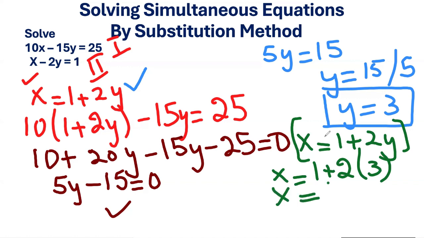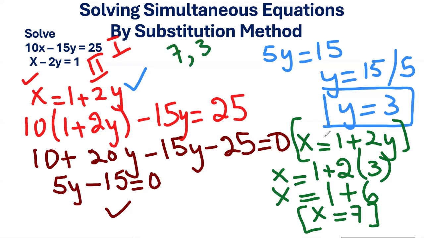So x is equal to 1 plus 6. X is equal to 7. So you have completed the value of y is 3, and x is equal to 7. So this is the solution set. 7, 3. This is your answer. You have solved by substitution method.